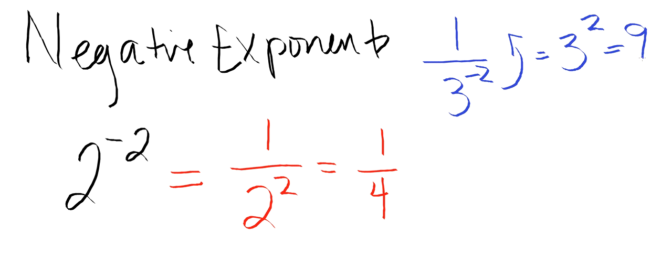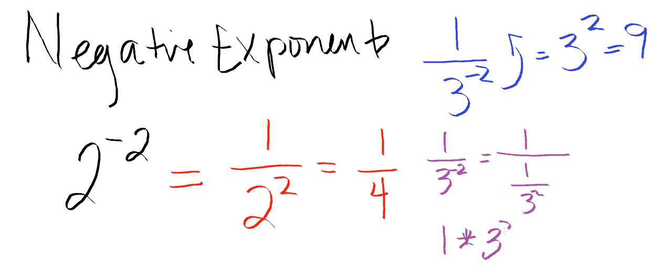You could do it with denominators again. If I rework this example, it's just a lot messier. If you remember from our last video, division of fractions means keep, change, flip. So that would be 1 times 3 squared over 1, equals 3 squared, equals 9.